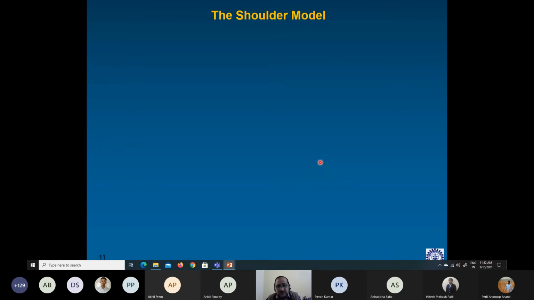Now, a very important thing that I would indicate in this slide one by one is we are moving towards finding out the degrees of freedom of each joint, and then based on movements of the shoulder joints, we are going to quantify the total degrees of freedom in the joint.